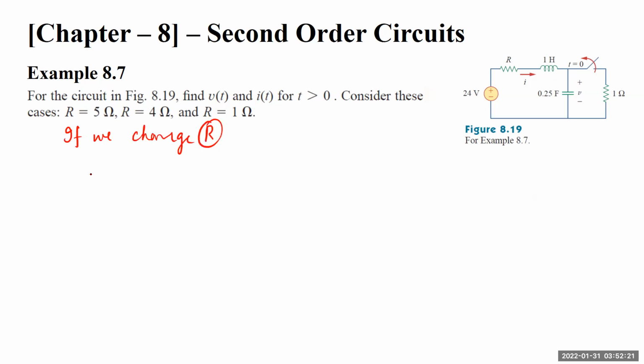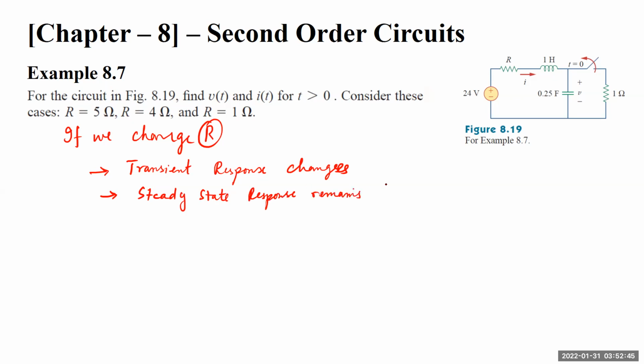So if we change R, we see that the transient response changes, right? Transient response changes, steady state response remains the same. So there is no change in a series RLC circuit: if we keep changing the value of resistance, the steady state response remains the same.